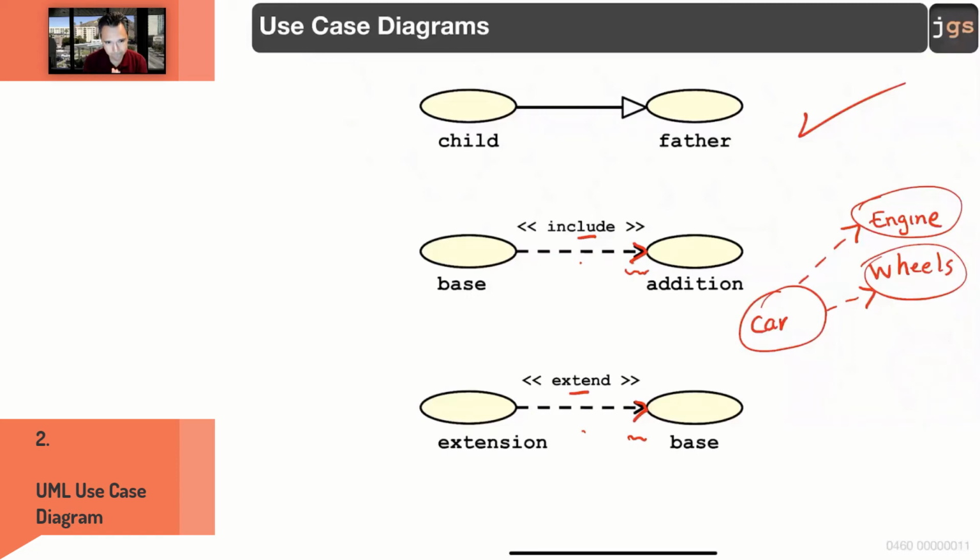Now, if you use include, this connection here is very important to remember the following. It's a very strong connection. When you tell me this, you are telling me that inside of car, here, inside, I have an engine, and inside, I have wheels.